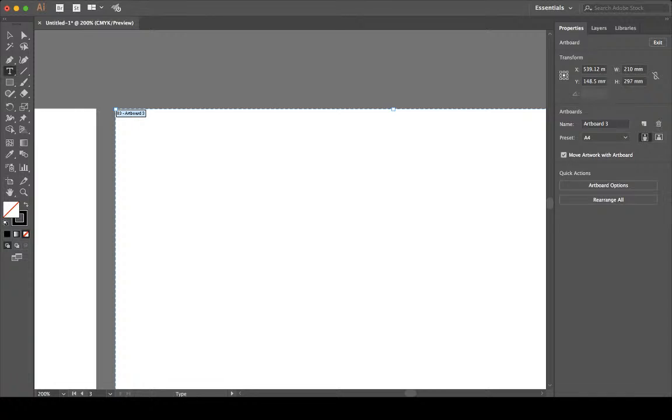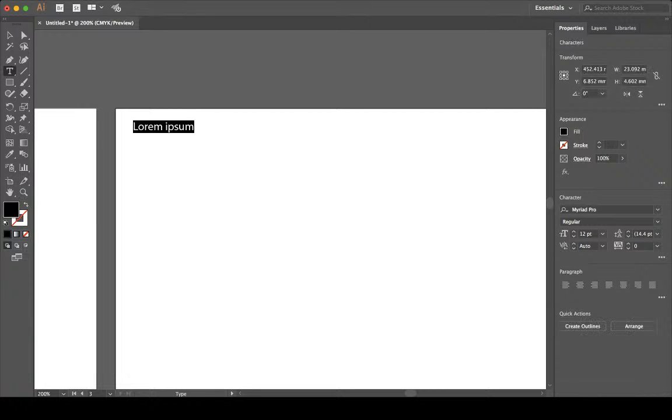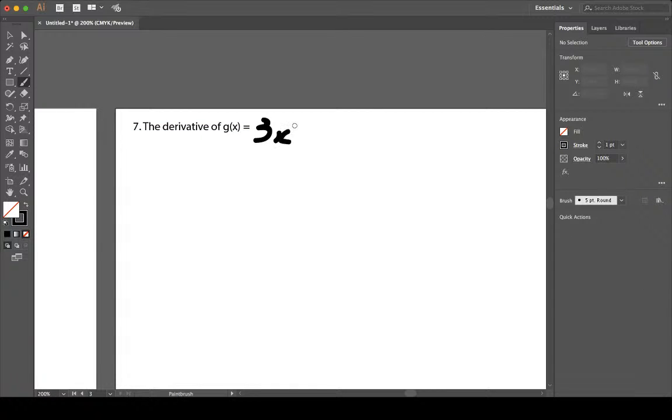So let's start. Number 7. The derivative of g of x equals to 3x, let me just write that down. 3x to the power of negative 2 minus x over 2 plus square root of x.